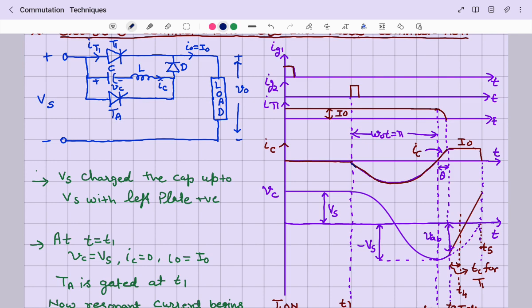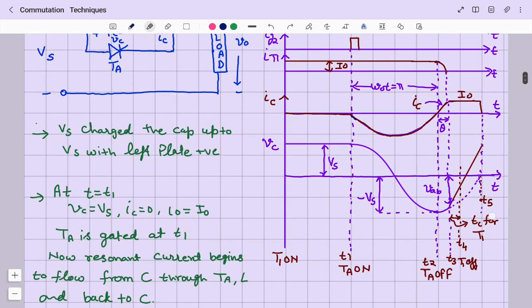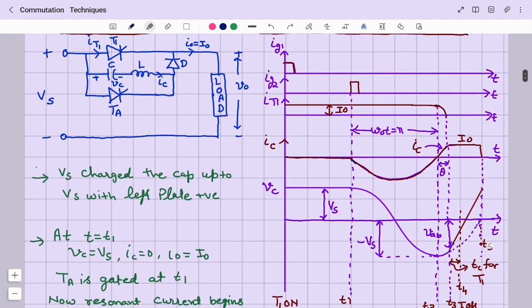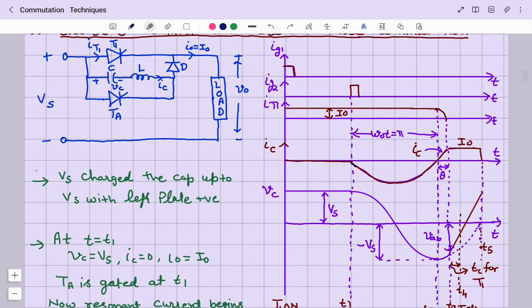Actually, the anode to cathode current is I0, and since this capacitor current is flowing in the reverse direction, the anode to cathode current keeps on decreasing, which you can see here. Let me highlight this: it is decreasing, and the capacitor current is increasing in the positive sense. Now at instant T3, the capacitor current IC is equal to I0, so thyristor T1 gets commutated.